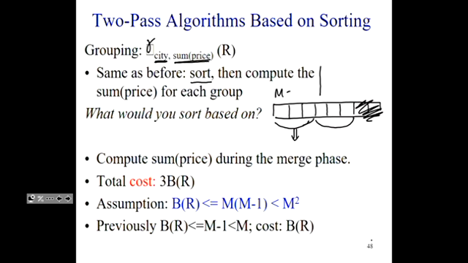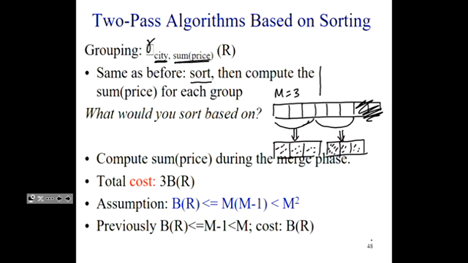I'll bring these three blocks into memory and sort them based on city. So maybe I will have cities beginning with A first, and then cities beginning with B, and so on, in sorted order. Similarly, the next set of tuples will be read into memory and written out in sorted order, cities beginning with A, cities beginning with B, and so on.